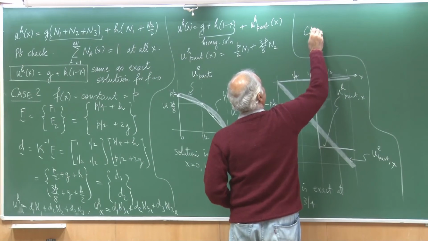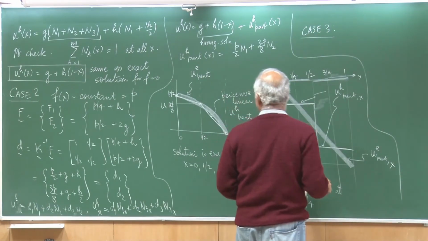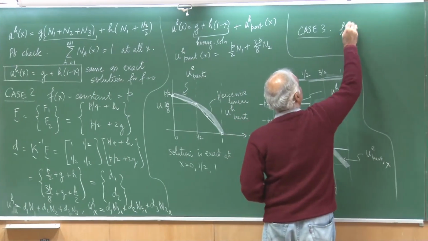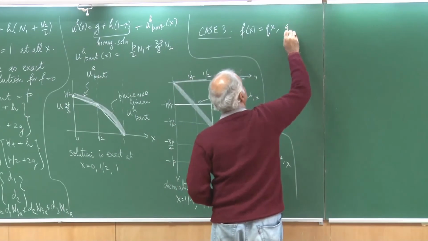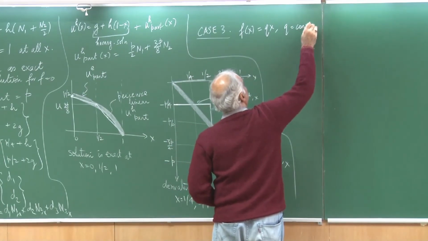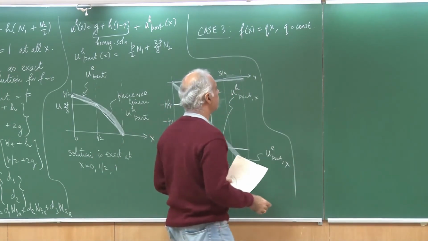All right, let us look at now a more complicated case which we have done earlier for one element, and that is case 3, but this time with f(x) equal to a linear qx, where q is a constant. Let me give the values of f for you.